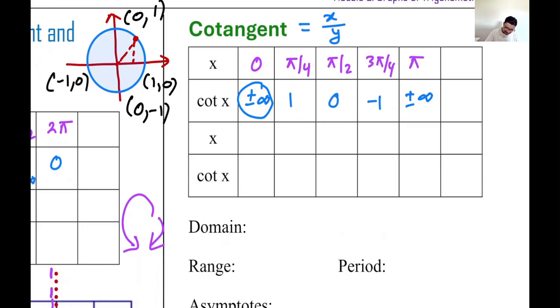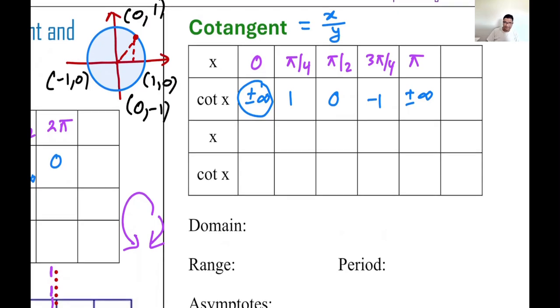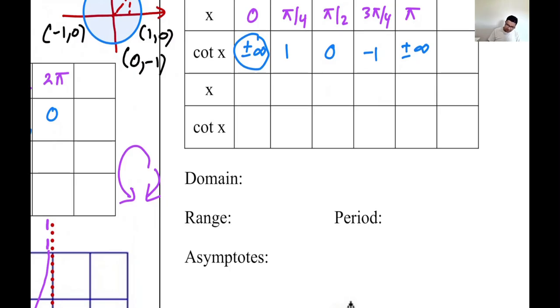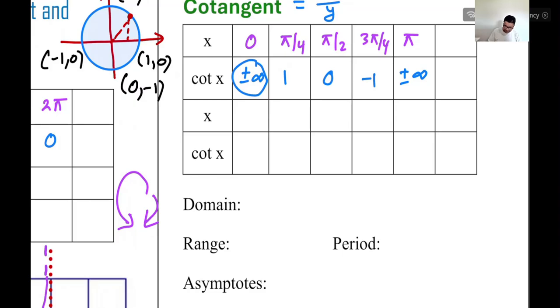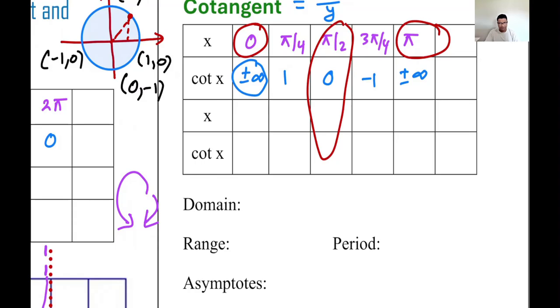Now let us write this domain and range, and then we will graph it. To start with, domain: what am I missing from the domain? I am missing pi. That's where it is undefined, plus minus infinity. I am missing 0. It's not difficult to see that the next time it will be undefined is again at 2 pi, right? Because at pi over 2 the value is 0, so at 3 pi over 2 it will again be 0.